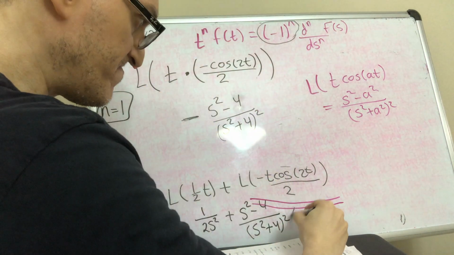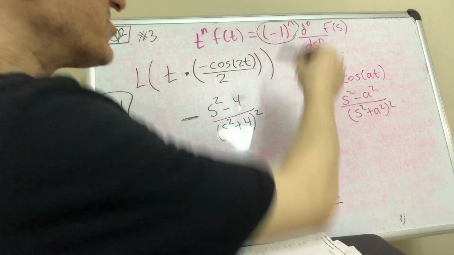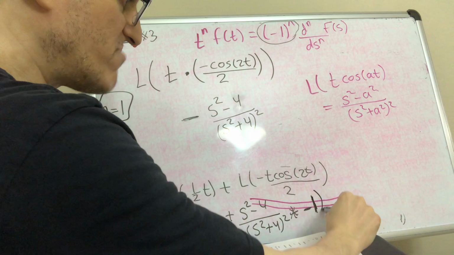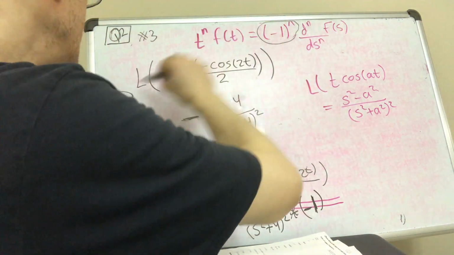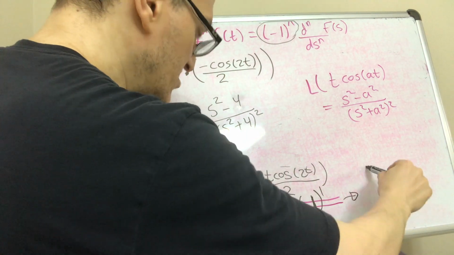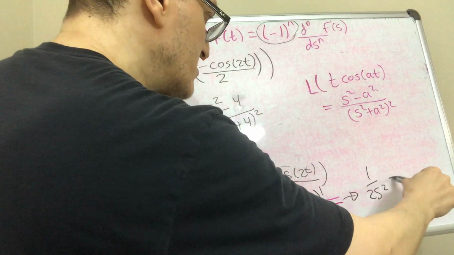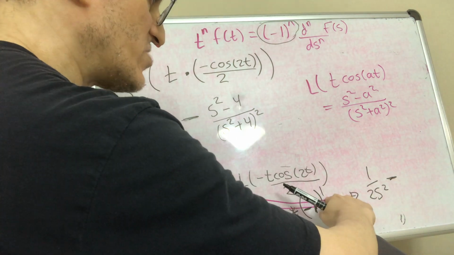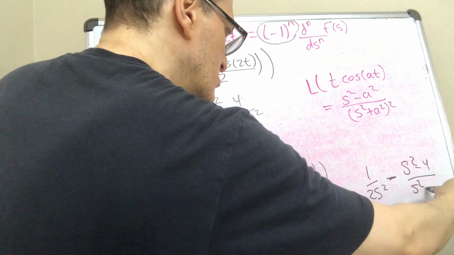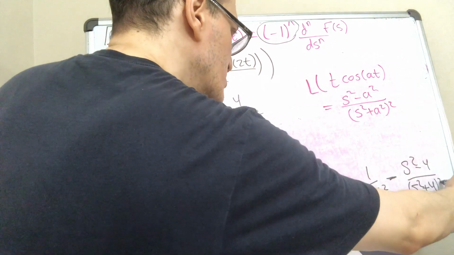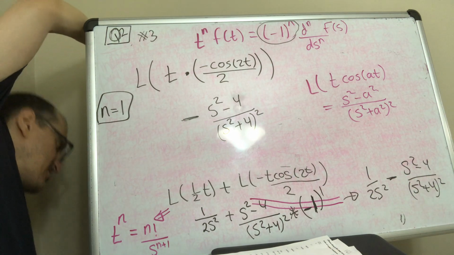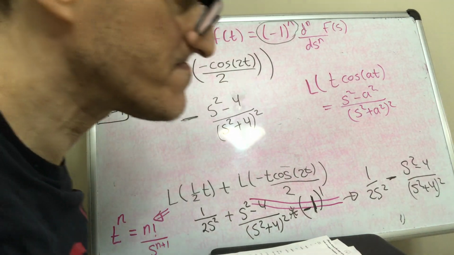So after you do the derivative and all that work, you need to multiply by minus 1 to the n, which is 1. So that's what made it negative. So it would be s squared, and minus 1 to the 1 is minus, so s squared minus 4 over s squared plus 4, all squared. So this is the answer for the first question.